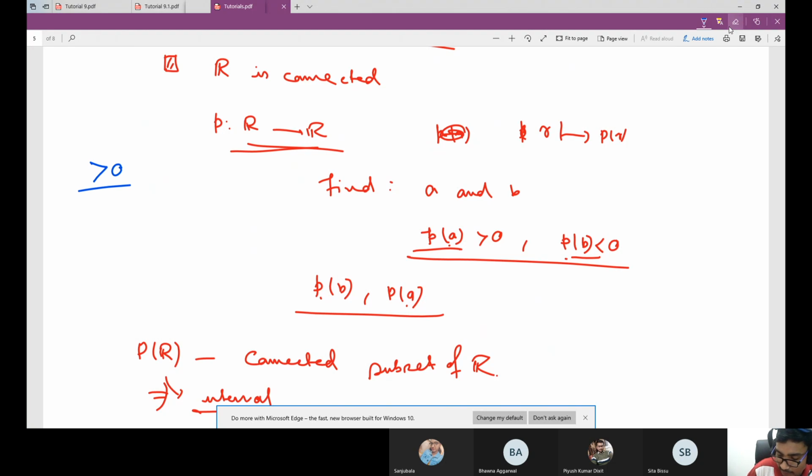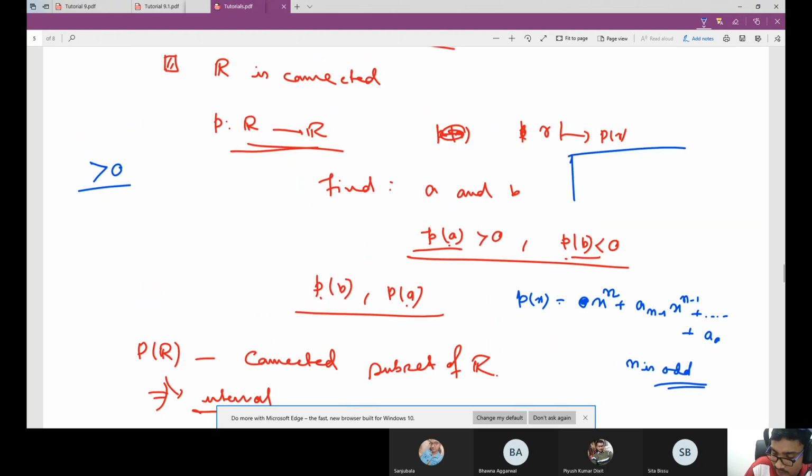If your polynomial is x to the power n plus a_{n-1} x to the power n minus 1 up to a_0, where n is odd, given an odd degree polynomial, in this case you may take alpha as 1 plus mod a_{n-1} up to mod a_0.